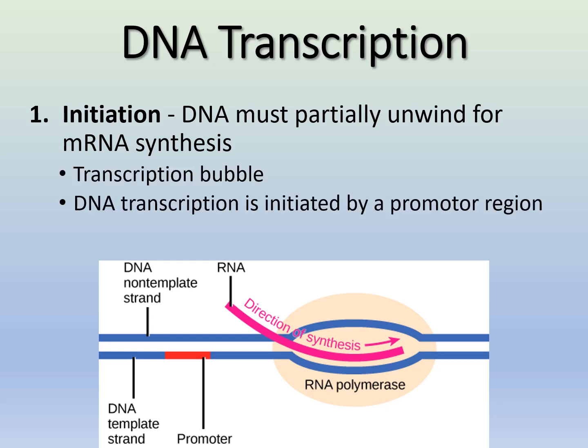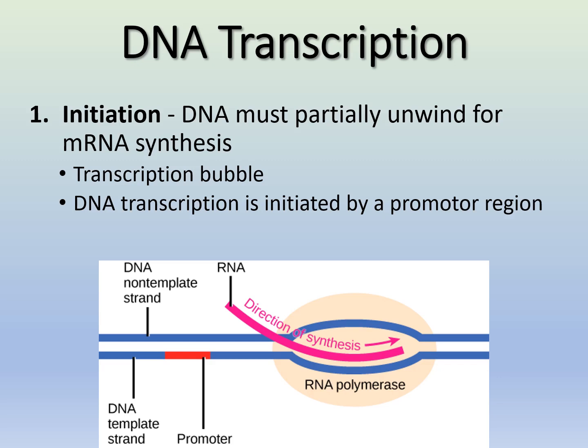We only need to unwind a part of the DNA to undergo this mRNA synthesis. This is done within a transcription bubble. And there's actually an enzyme, just like we had an enzyme in DNA replication. This enzyme is called RNA polymerase. We're going to be creating an mRNA molecule from our DNA.